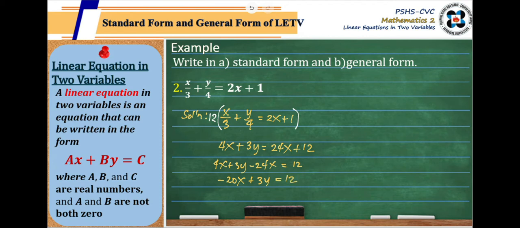Now, the resulting equation, negative 20x plus 3y equals 12, is not yet the standard form because, as we can see, the value of a is still a negative value. It's a negative 20. So to make it positive, we just have to multiply the equation by negative 1.